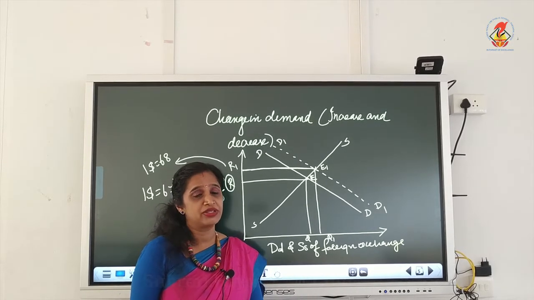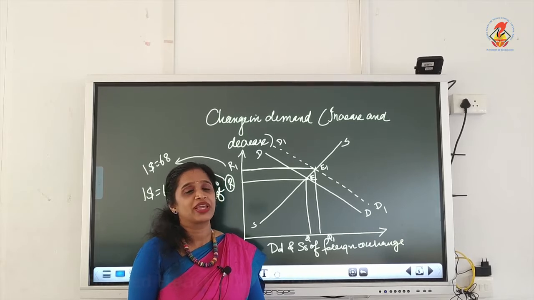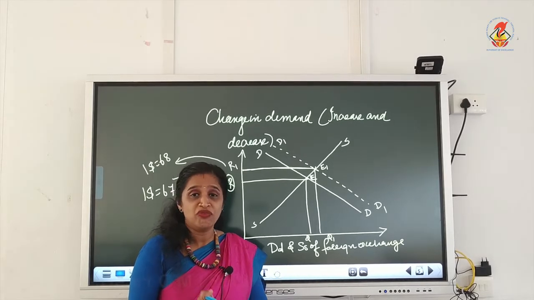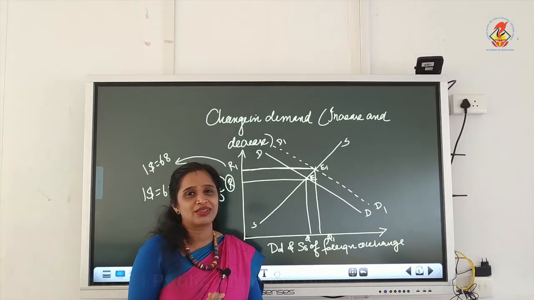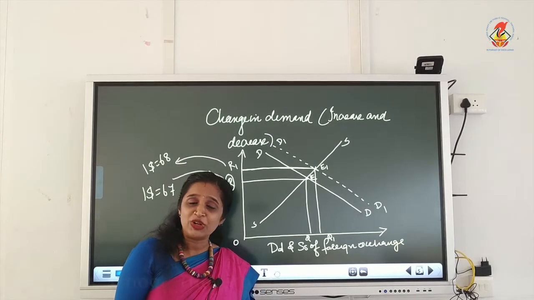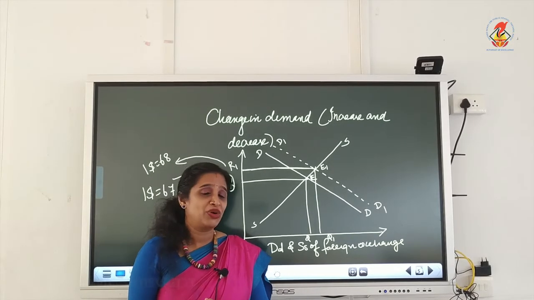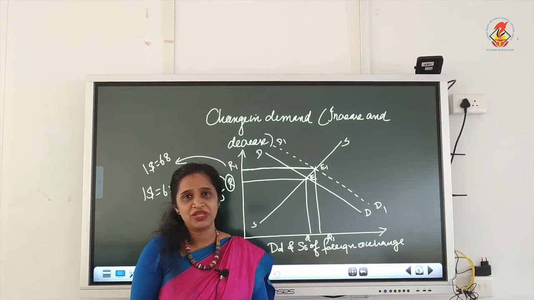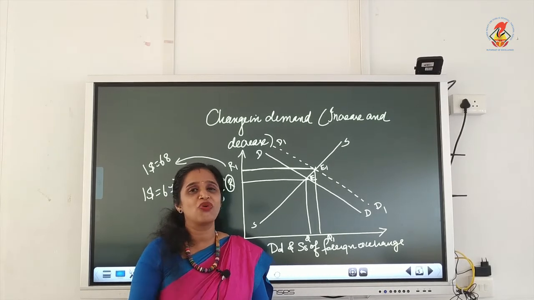So, what has happened here? In order to get something from USA, we need to give more outside. Earlier, we needed to give only 67 rupees for $1, but now we need to give 68 rupees. So more money has to flow outside.